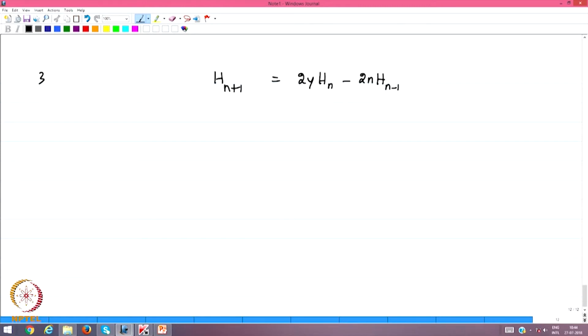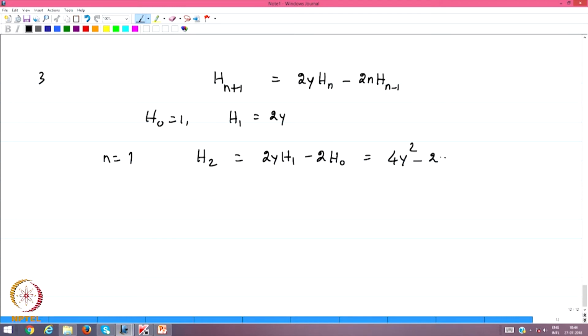Okay. So, H0 is 1, H1 is 2y, therefore, what is H2? N equal to 1, H2 is equal to 2y H1 minus 2 H0, which is 4y squared minus 2.